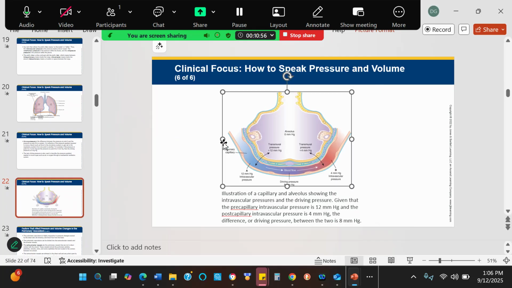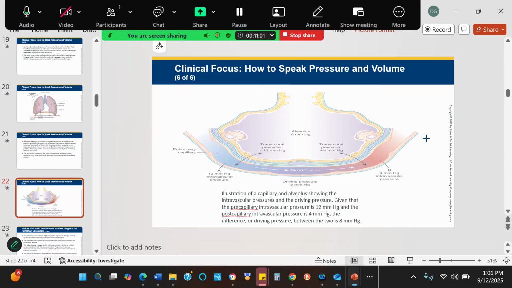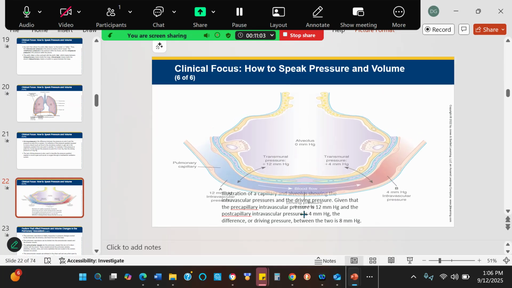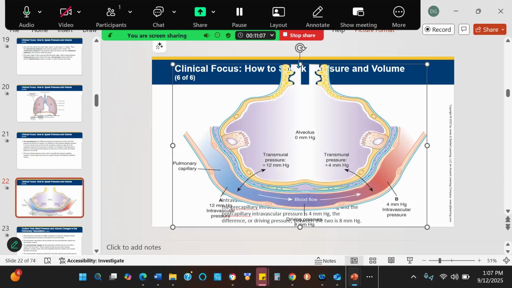Now, that's an important picture because that's where the business of healthcare takes place. That's where the life force, you might say, for life on this planet takes place. Getting oxygen from the alveolus across the alveolar capillary membrane into the capillary so that it can be taken through the tissues.